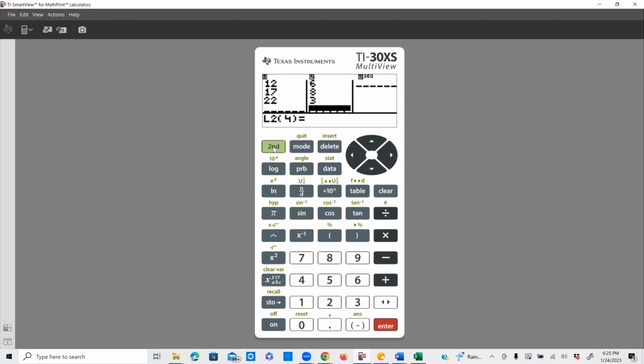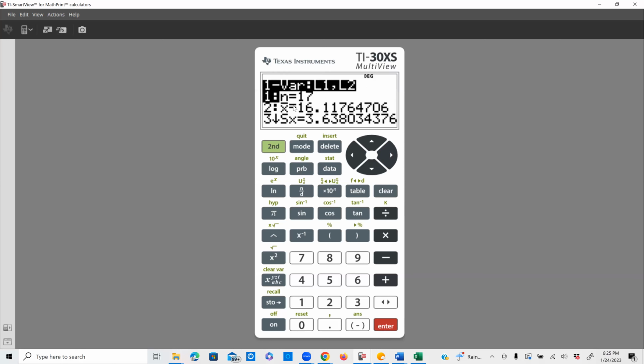And now we do the second stat. One variable stats, enter. So data is in L1, and the frequency is now in L2. And enter.